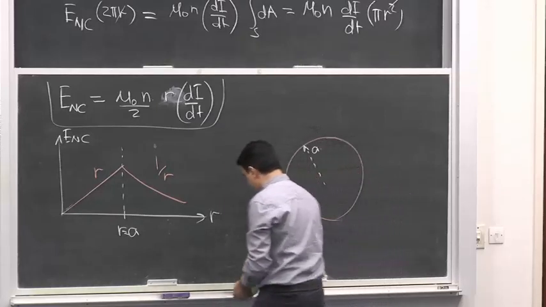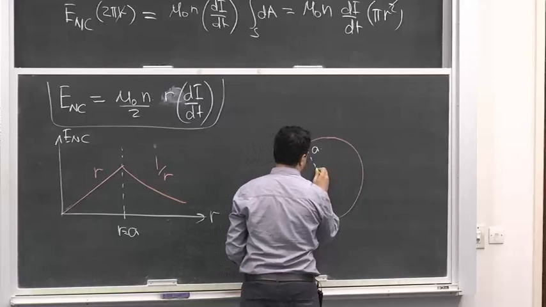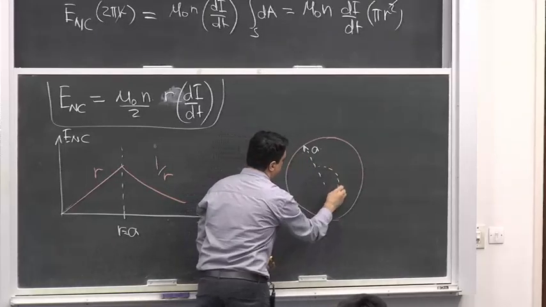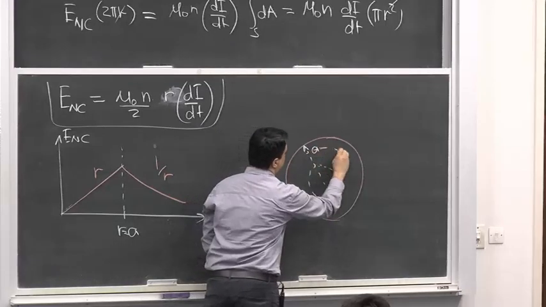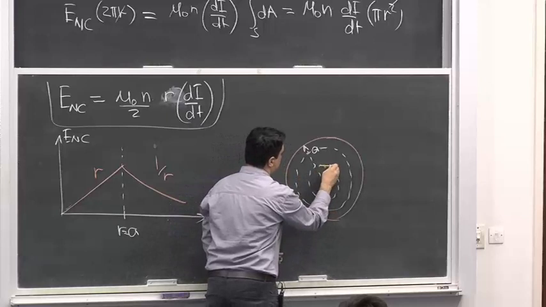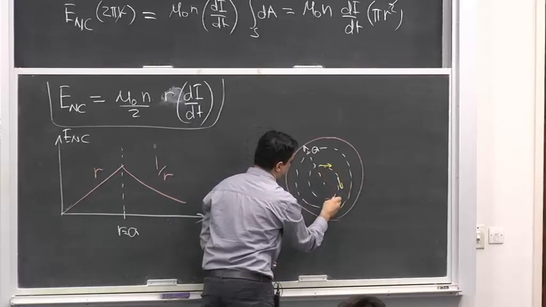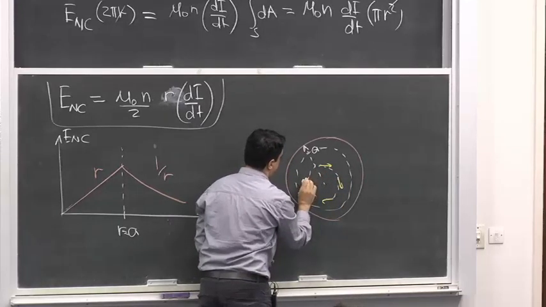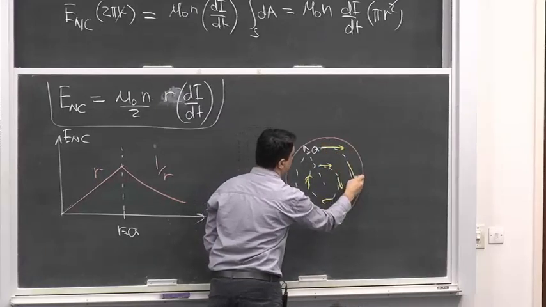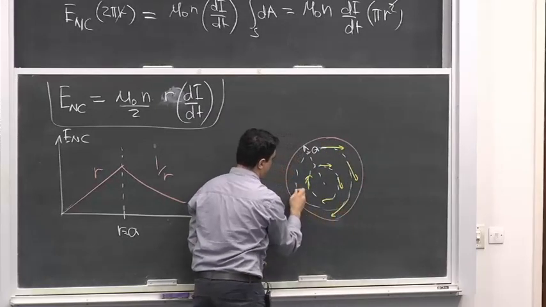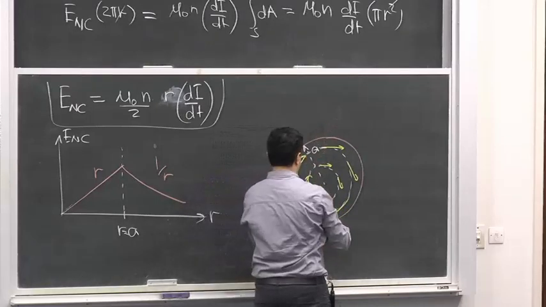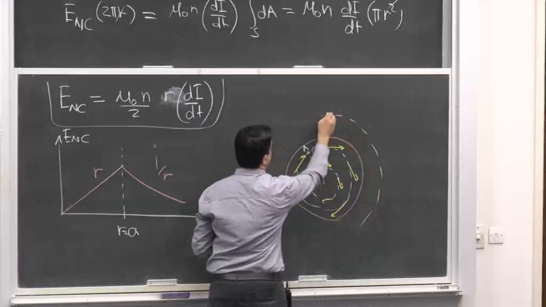then you can choose a path here and a path here inside the solenoid. You would have a small non-Coulombic field here, but here you would have a large non-Coulombic field. If you go out to this point, you can draw another circle.